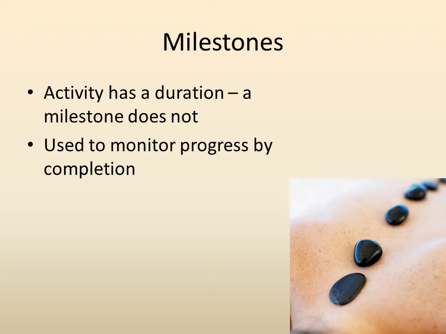One of the key elements that we can use to organize a schedule is a milestone. A milestone is a special kind of activity. An activity usually has a duration, but a milestone does not. So for example, I might say the report is completed.